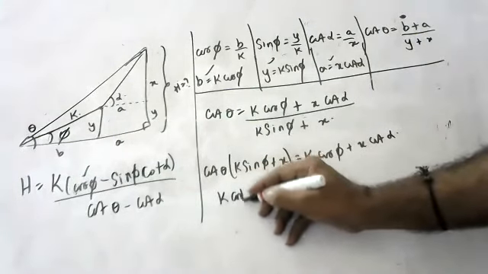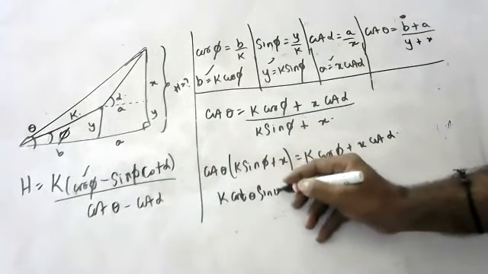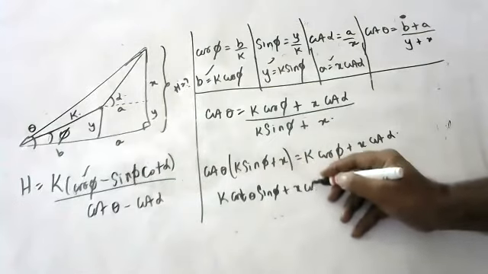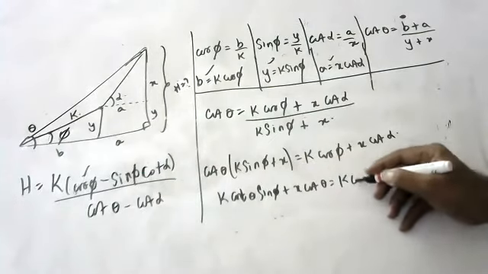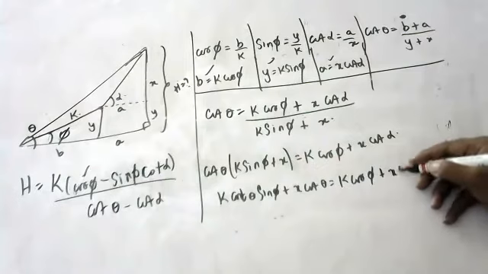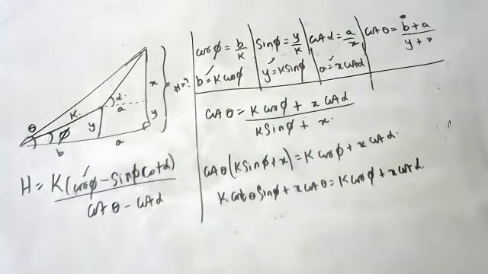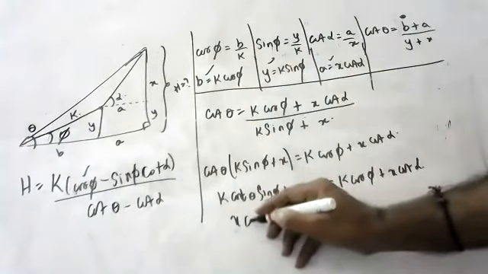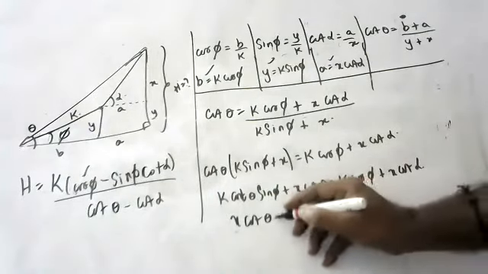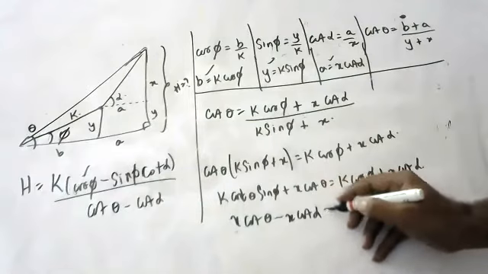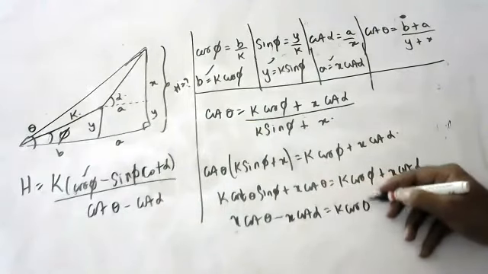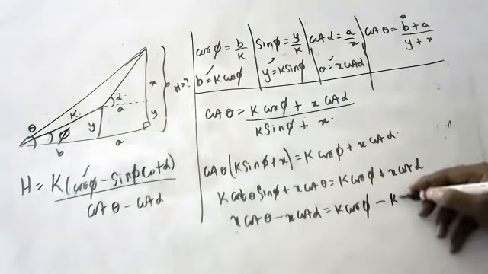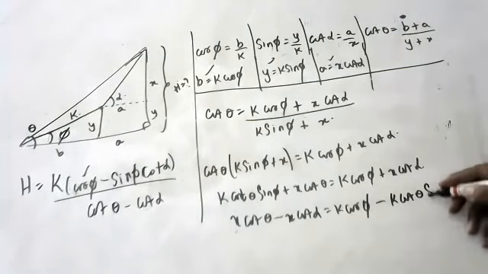Now what you get, children? K cot theta sin phi plus x cot theta is equal to k cos phi plus x cot alpha. Bring x onto one side and k onto the other side. So x cot theta minus x cot alpha is equal to k cos phi minus k cot theta sin phi.